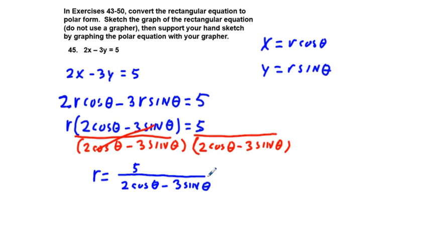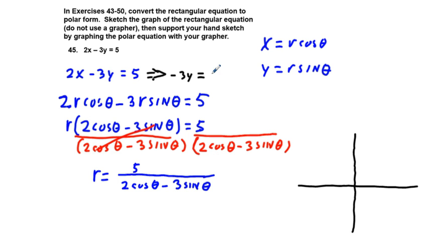Now I presume that's a correct equation, but we're just going to graph and see if our graph matches. I'm going to draw a little XY coordinate plane down here in the lower right. For this equation, 2x minus 3y equals 5, if we subtract 2x from both sides, we have negative 3y equals 5 minus 2x.